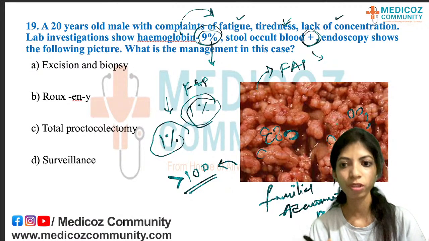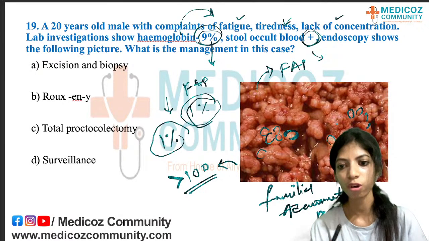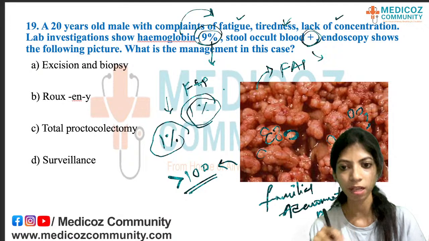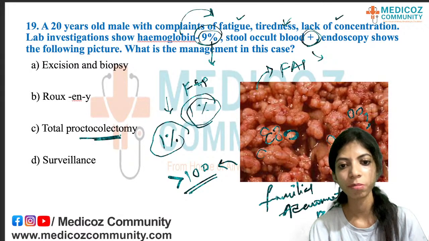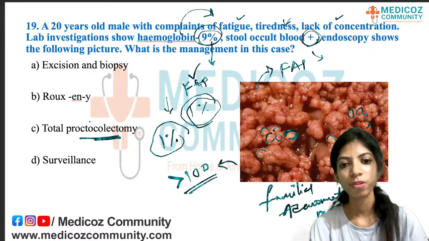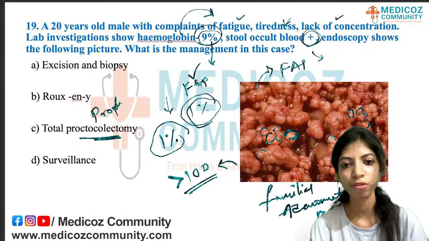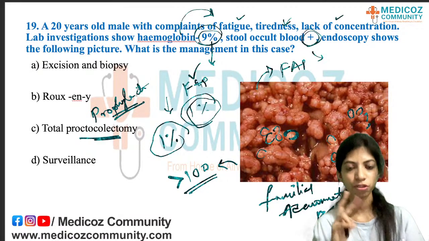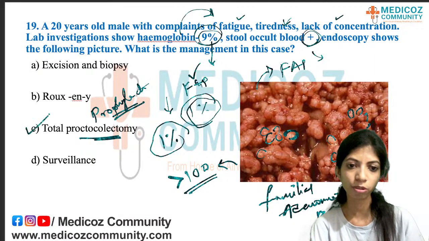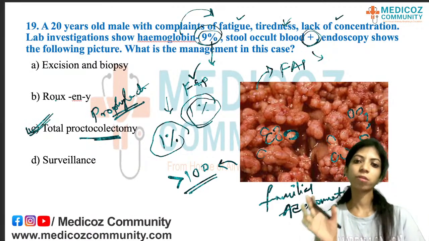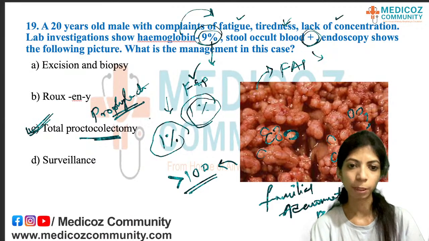So what you have to do, you'll prophylactically remove all the colon and the rectum, because those are the common paths for these FAP polyps to occur. So total proctocolectomy is done in case of FAP, which is also prophylactic. Before only you'll do it, so that you will prevent the conversion to the malignancy. So total proctocolectomy is the treatment of choice for FAP.